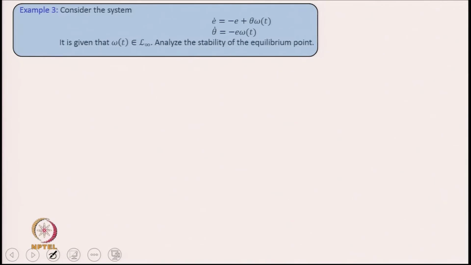All right, let us consider another example. Here we have a system consisting of two states E and theta, and omega is given to be bounded, and we have to analyze the stability of the equilibrium point. The first step is always to find the equilibrium points.